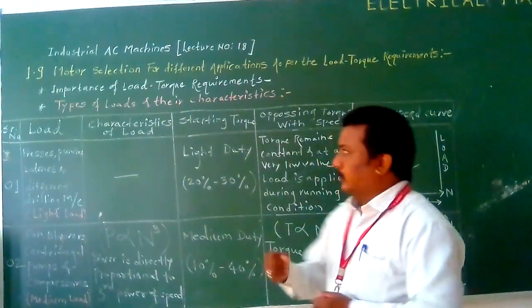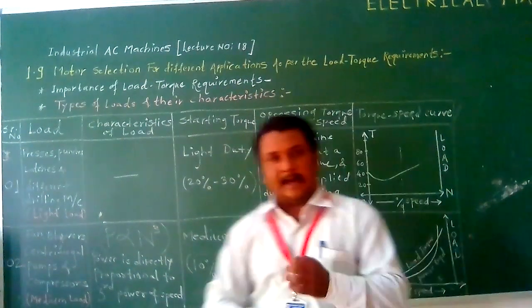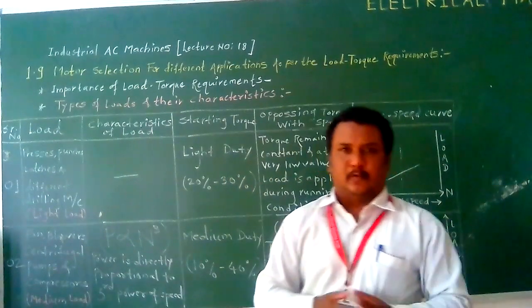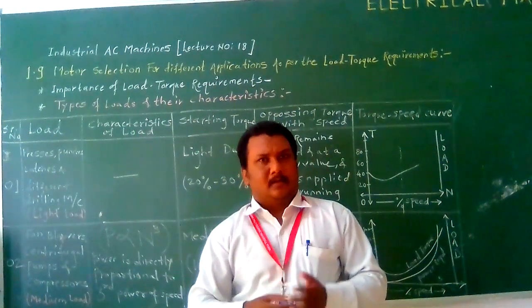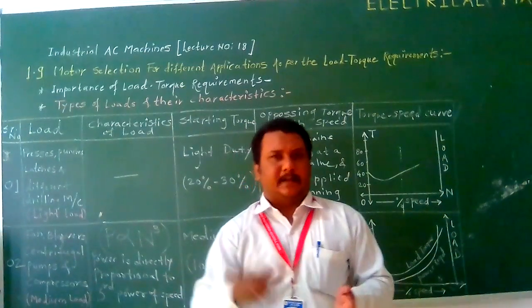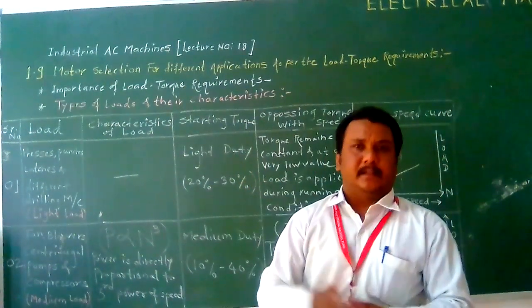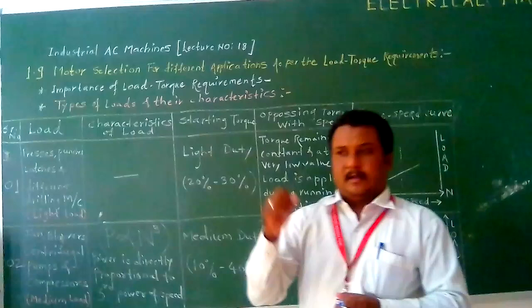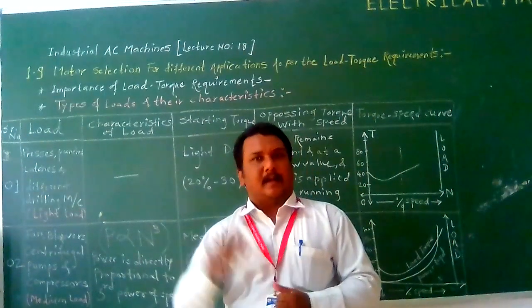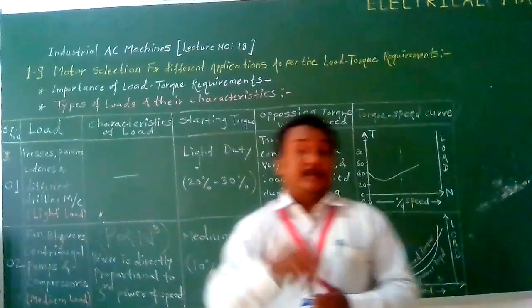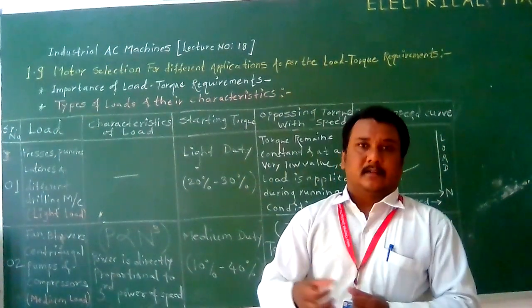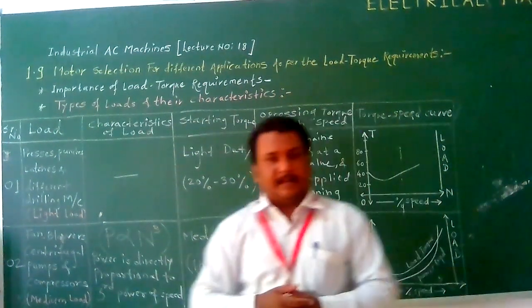Now, types of load. There are generally 4 types of load. The first is a light load, meaning the load is up to 10 to 20 or 30% of the capacity of the motor. Suppose a motor has a capacity of 100 Newton meter, but the load is 10 to 20%.